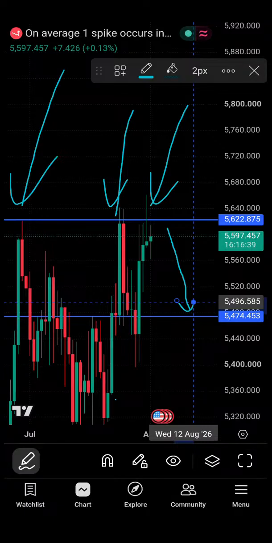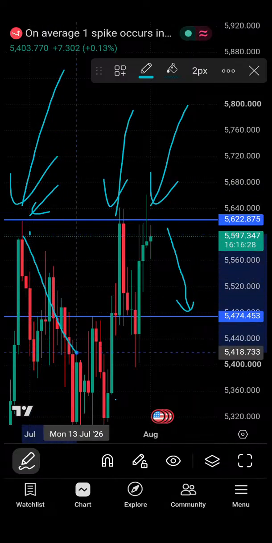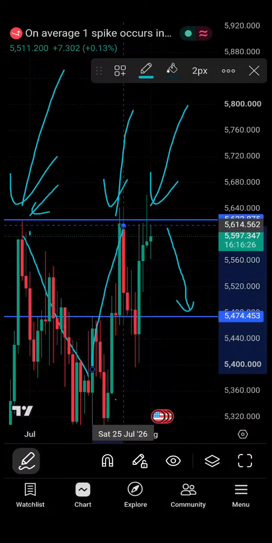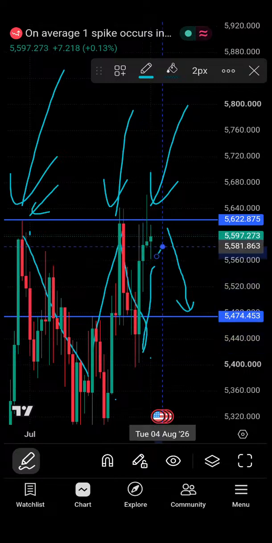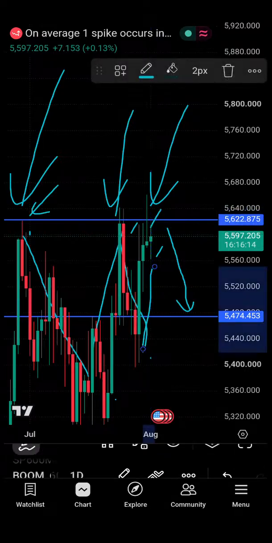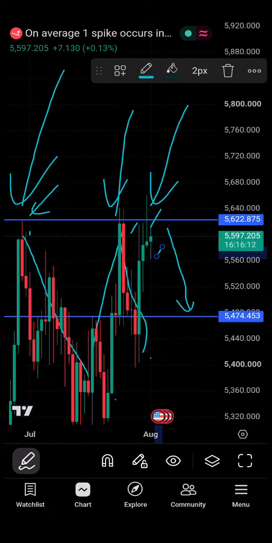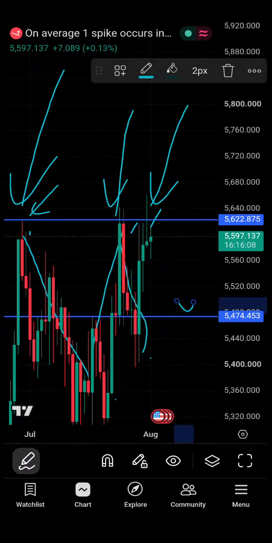Because from the past, the market came to test this area and it went down, came back to touch it again, and was pushed towards the downside. Even now, you can see a lot of rejections around this area, meaning the market tried to push towards the upside, but it failed.